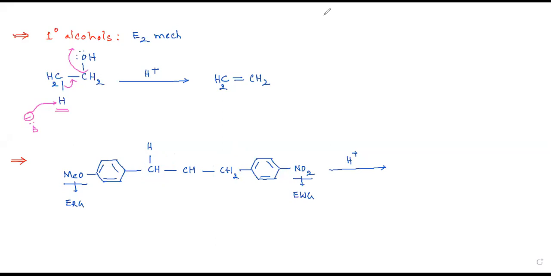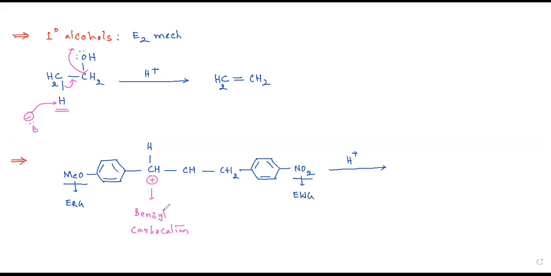Remember, when you generate a positive charge, see that it is assisted by something which is releasing. So let us generate a positive charge here on this carbon. Then that will become benzyl. Of course, even on the other hand also it is benzyl only.